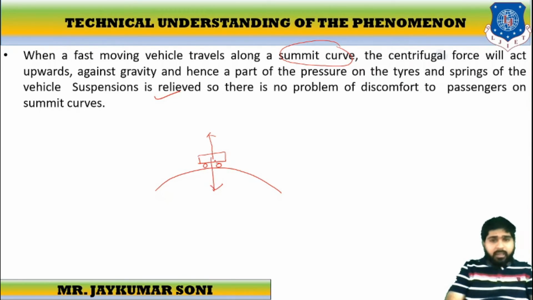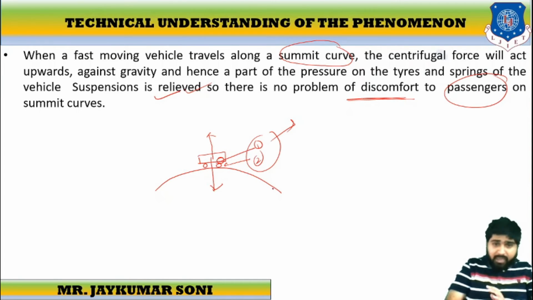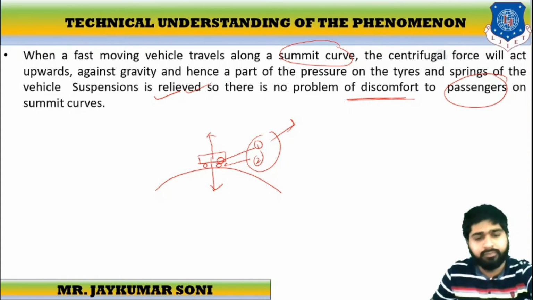So due to that, the pressure which is acting on the tire and on the spring of the suspension, here and here, will be relieved easily. So there will be no discomfort to the passenger when he or she is traveling on this type of road. So this is the technical understanding of the phenomenon. This is about the summit curve.